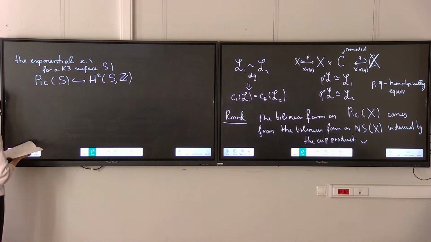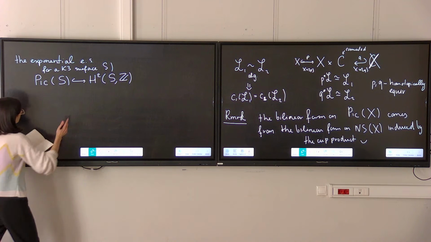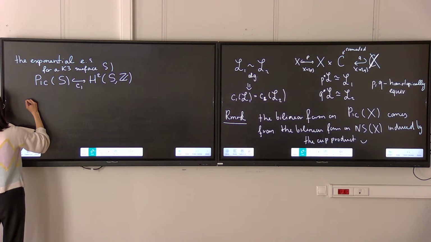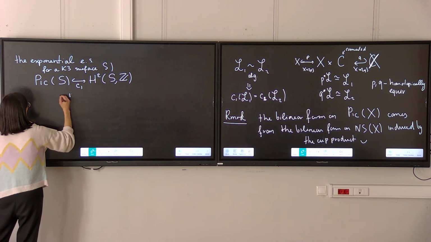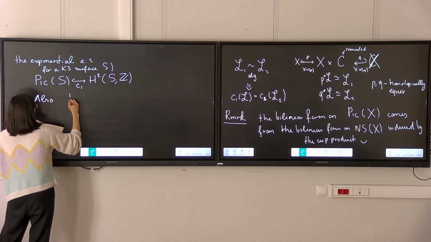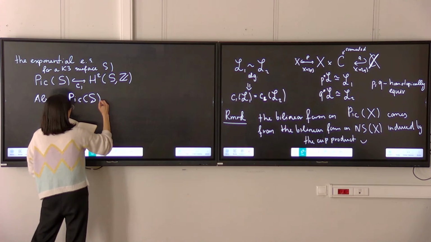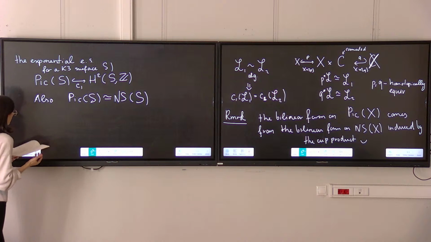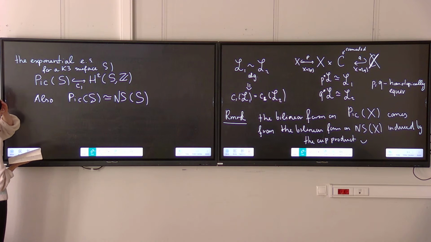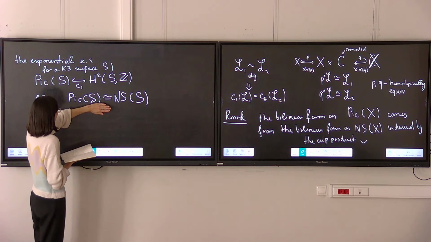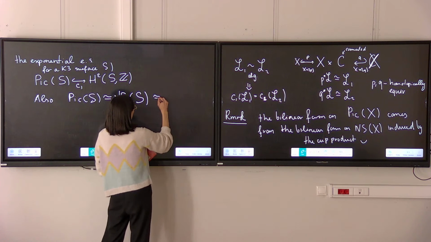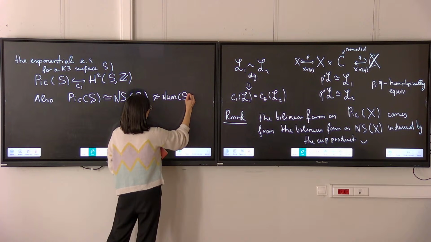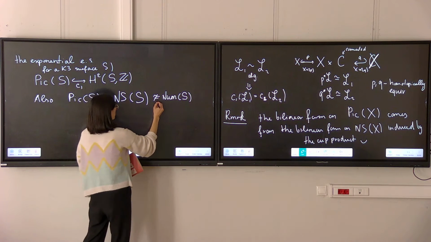Okay. And moreover, we always have an isomorphism of the Picard group with the Néron-Severi group of S. And I already mentioned that for a numerical group, for non-algebraic K3 surfaces, maybe we will discuss an example later, this is not true for a non-algebraic one.